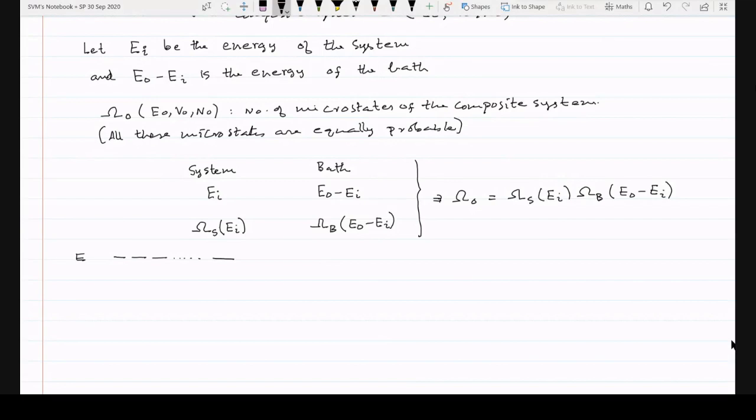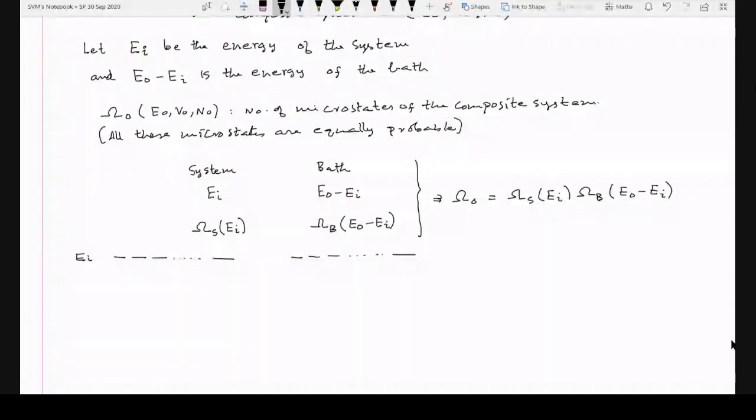This is like the degeneracy of this energy EI. Same way, here also I have many microstates. Now the total number of microstates is this number multiplied by this number.